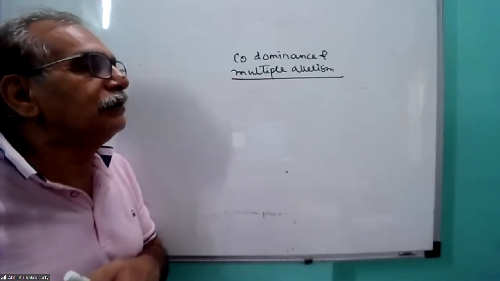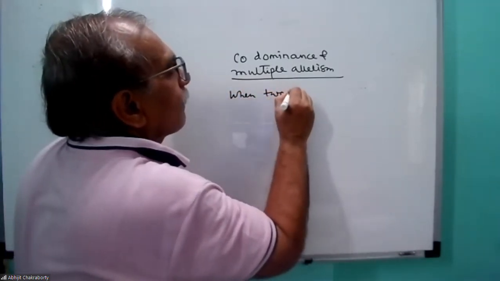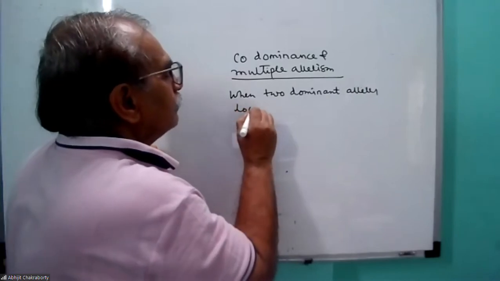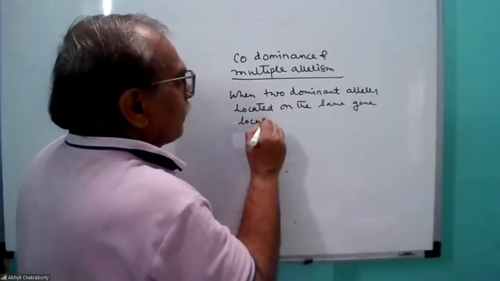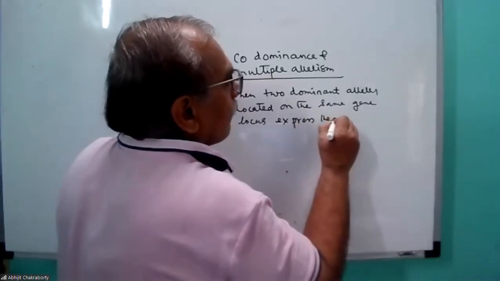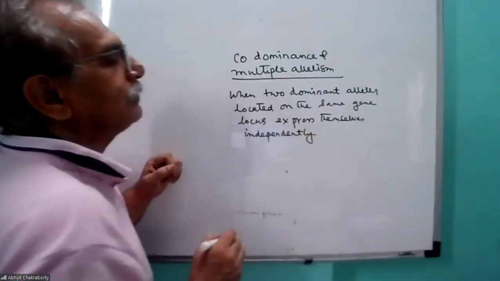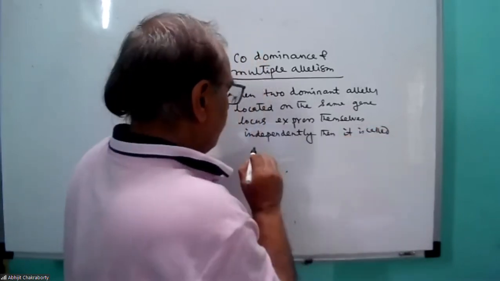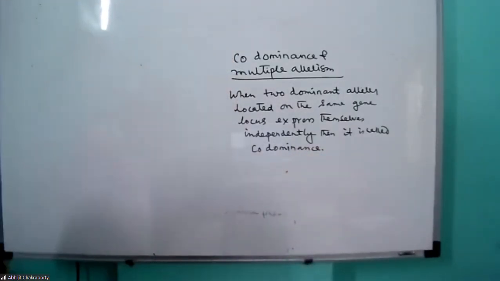What happens in case of codominance, you see, when two dominant alleles located on the same gene locus express themselves independently, then it is called codominance. Then you can call it codominance.